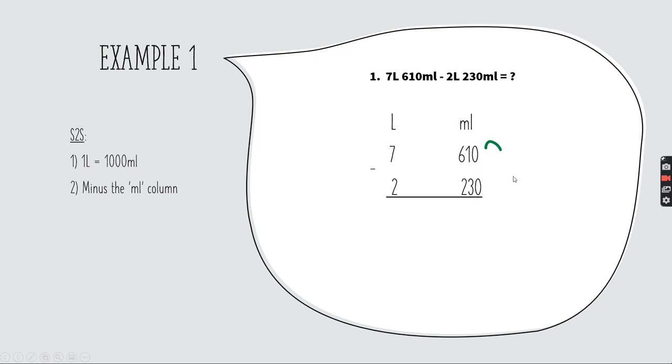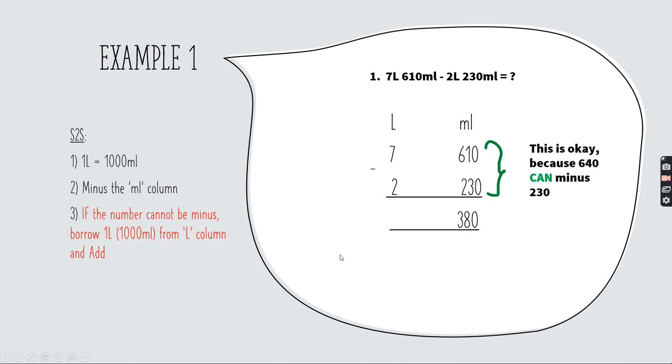So 610 minus 230. Now this is okay because we can minus 610 with 230 and that gives us 380. So what happens to step number 3? We just scratch that off right over here because this part is okay already.